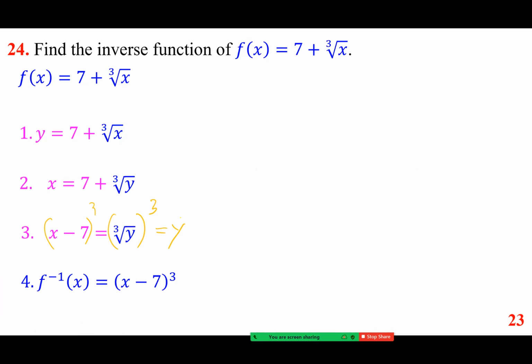Now, to prove that, I'm going to look at f of f inverse of x, and that must be equal to x. Let's see if that's the case. I'm checking that.